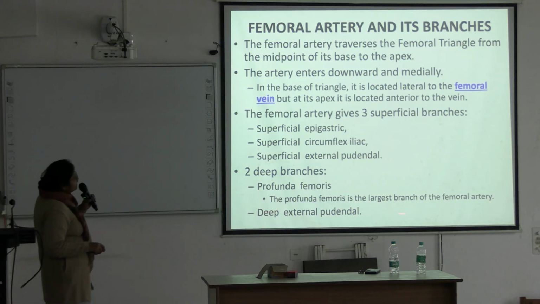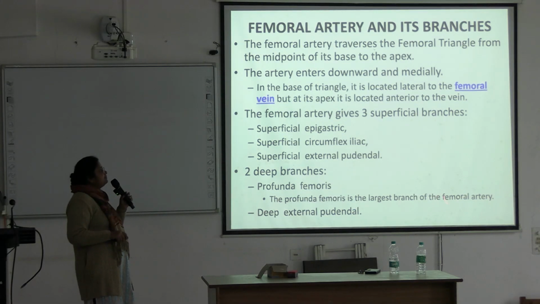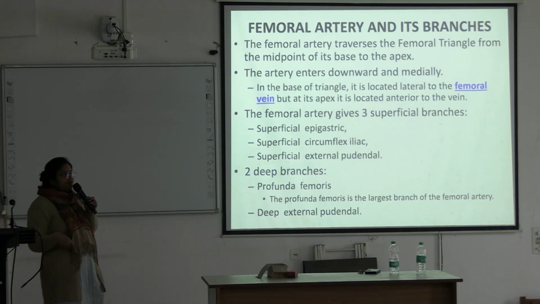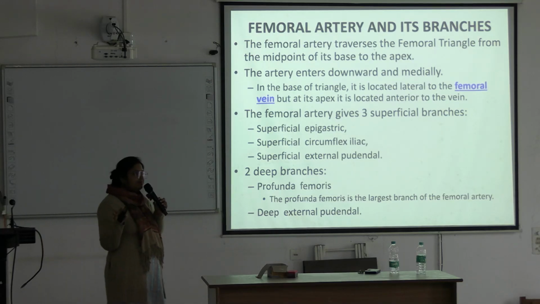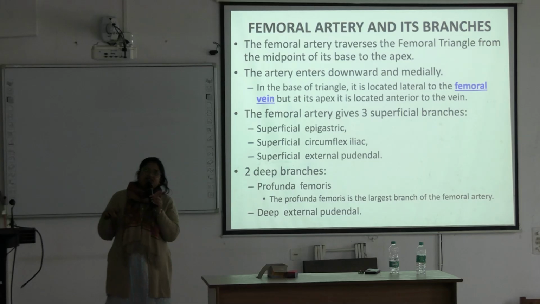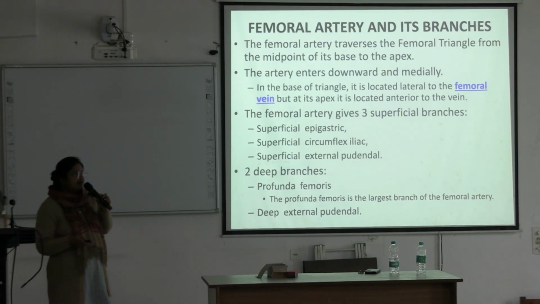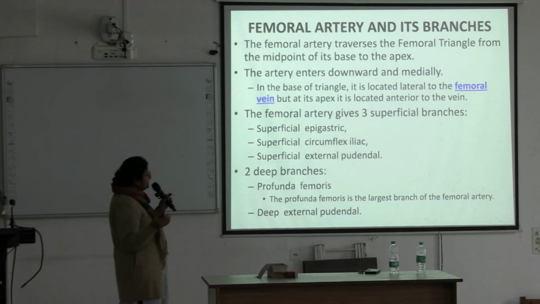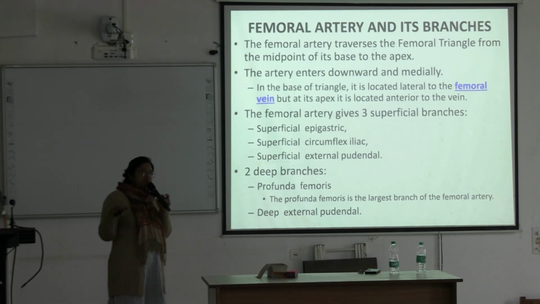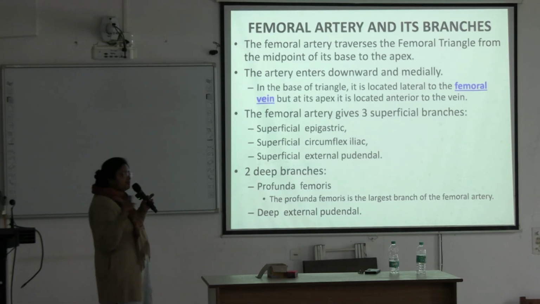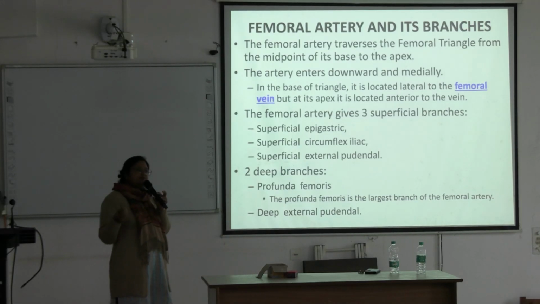Profunda femoris is the largest branch of the femoral artery, and from it two important branches arise: medial circumflex femoral artery and lateral circumflex femoral artery. Those take part in formation of different anastomoses, cruciate anastomosis, trochanteric anastomosis. Anastomoses are important for your short note.